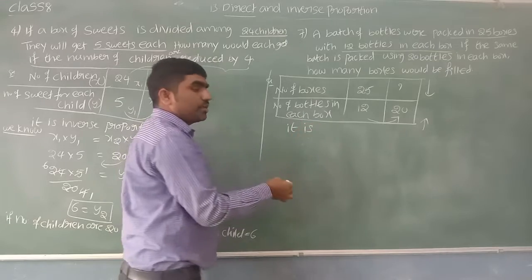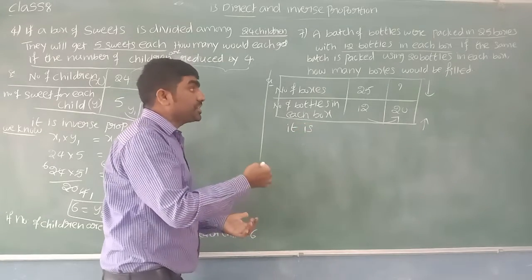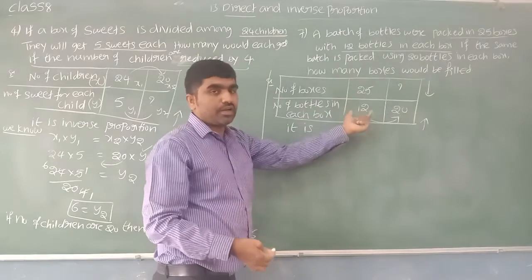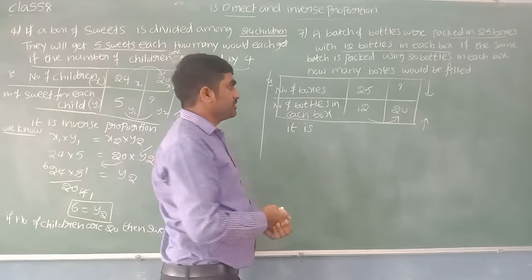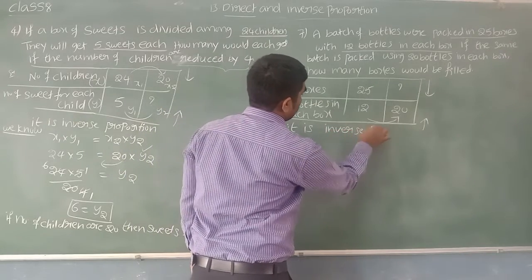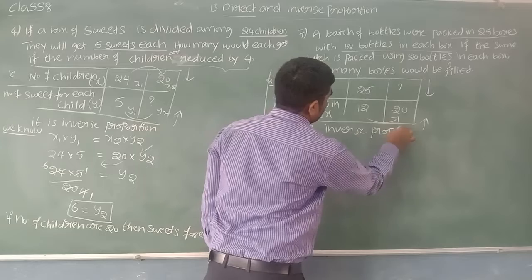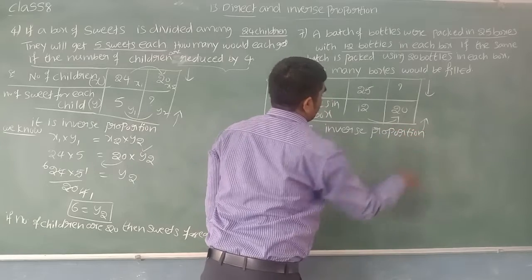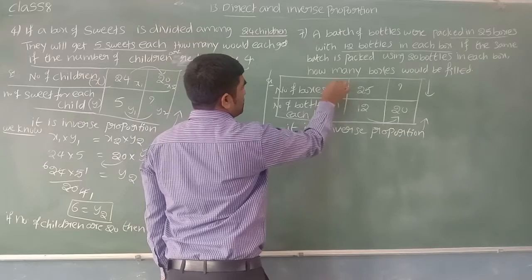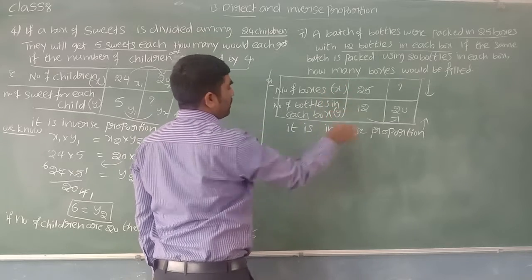If two quantities are in inverse proportion, what is the relation we have? The product of the corresponding values remains the same. Let me take the first quantity as x and the second quantity as y.